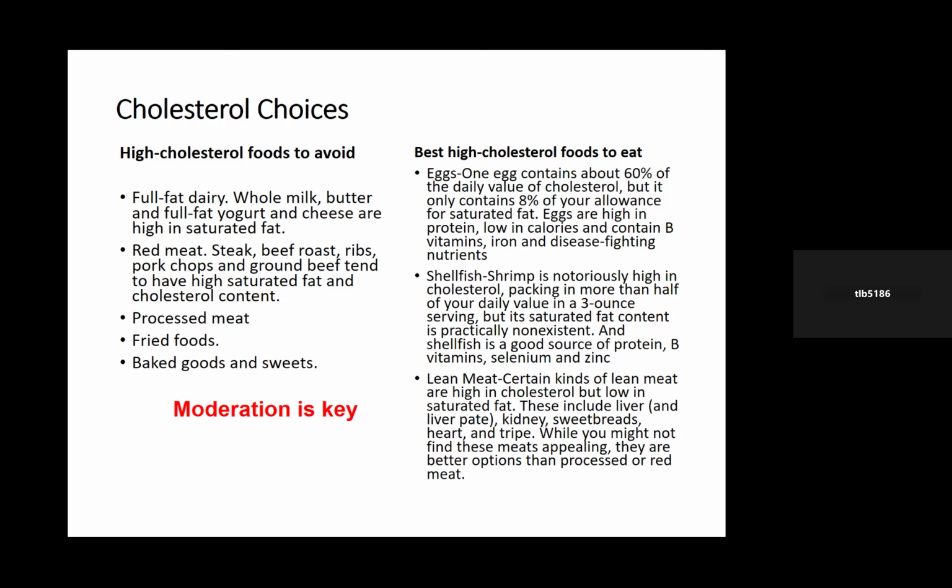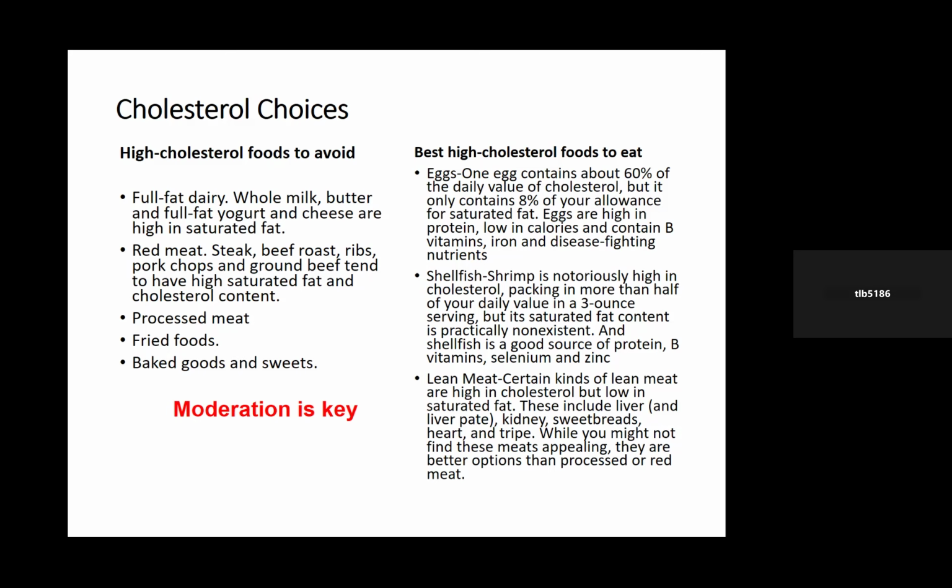And then there are others that are low in cholesterol that you don't hear about frequently, and that's liver pate, kidney, and sweetbreads. When they mention sweetbreads in the FDA dietary regulations, I didn't know exactly what sweetbreads were. And then when I found out what it was, I didn't want to eat it anyway.